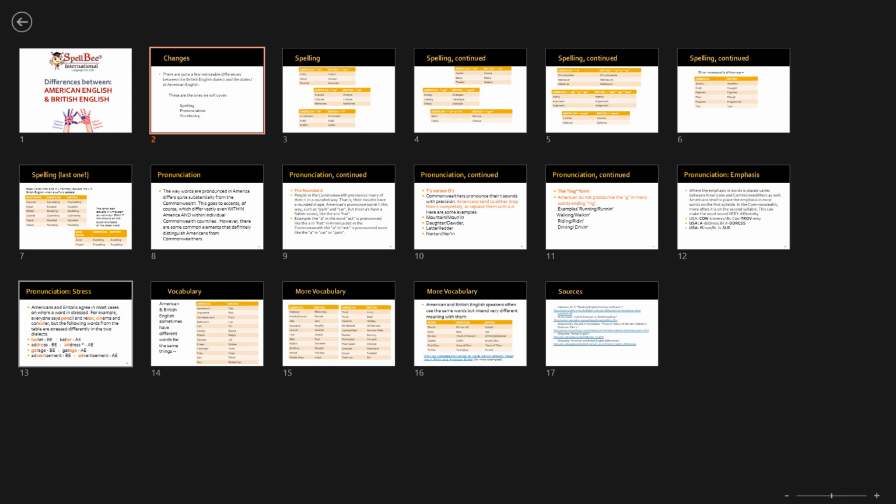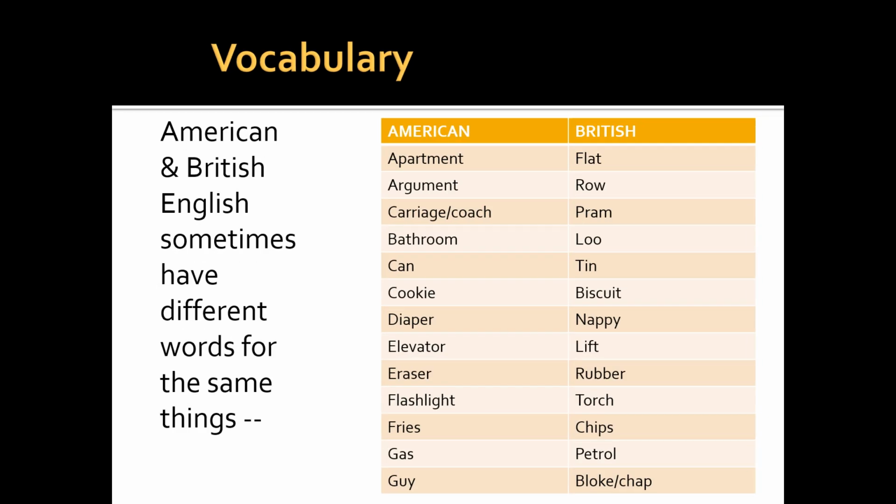So we are moving to vocabulary, and in part 4 we saw this. I'll just give a small recap. In vocabulary, some words are not spelled but said differently. In American English, it was said as apartment, and in British English, they say flat.